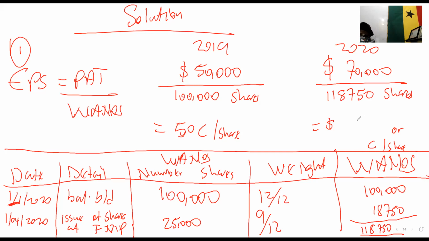Now, let me do the computation. $70,000 divided by 118,750. So I'm getting something like 0.5895, or 58.95 cents.